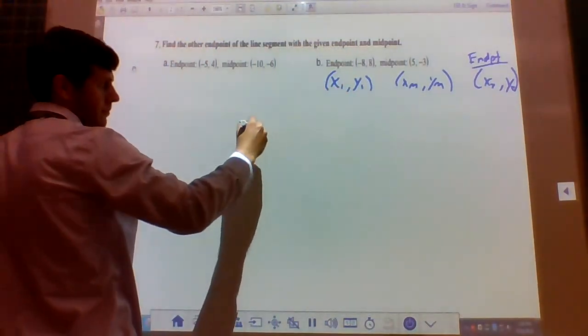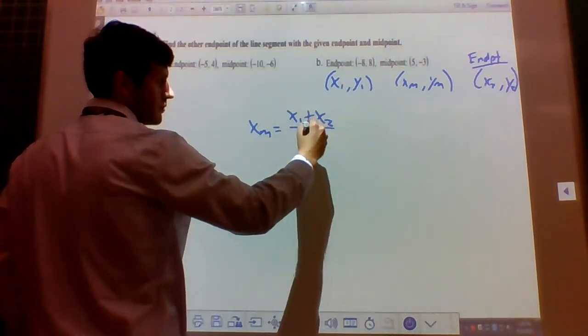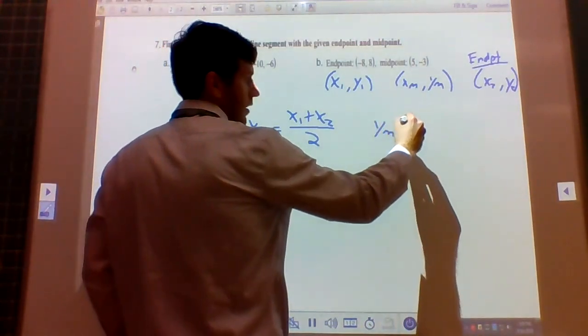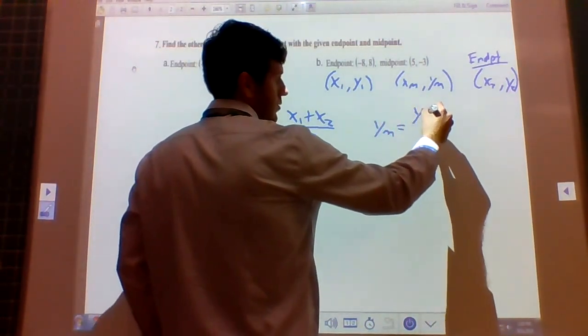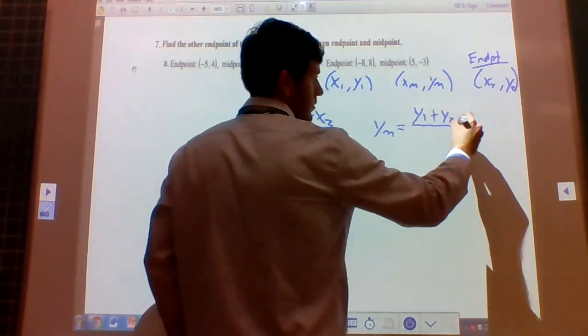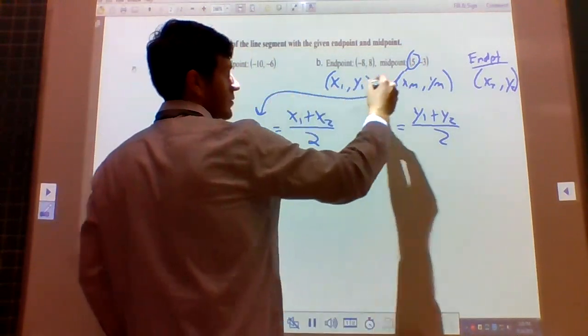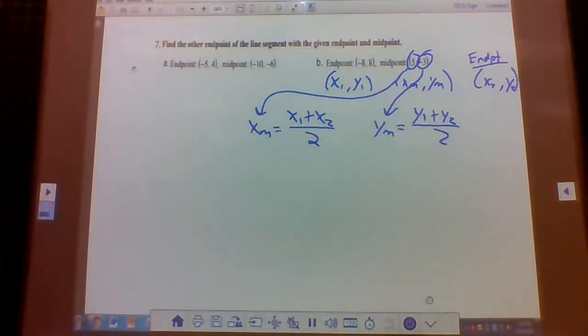So xm equals the average of the two endpoints, so x1 plus x2 divided by 2. Ym is going to be the average of the two y coordinates of the endpoints, so y1 plus y2 over 2. We know that's 5 and that's -3, because those are the coordinates of the midpoint.